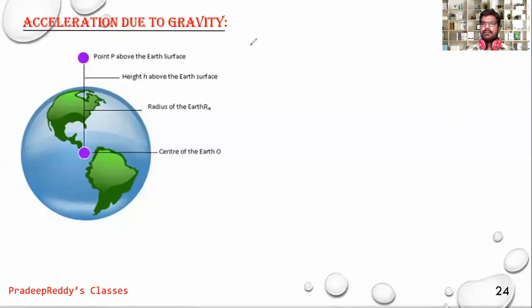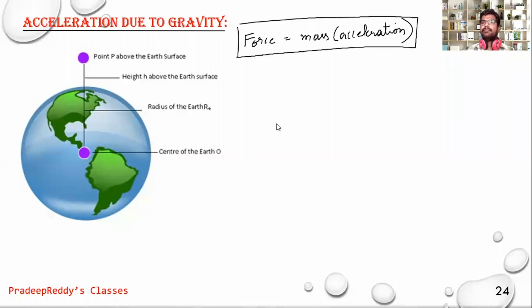So as we know, force is equal to mass into acceleration. When you are applying a force on an object, it will definitely produce some acceleration.